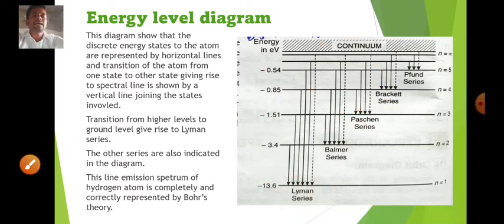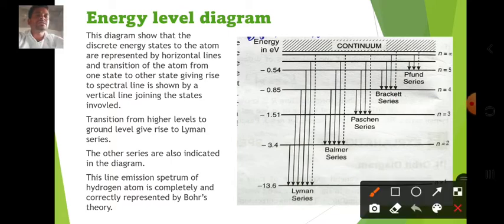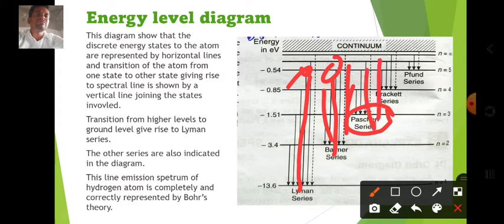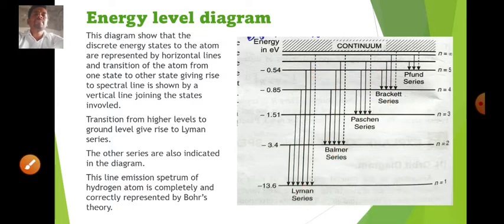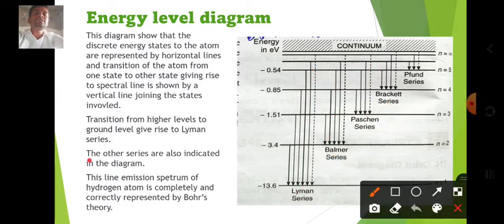In the same manner, other series are also observed. If instead of coming to the ground level, the electron ends at the second level from higher levels, they form the Balmer series. If they end at the next levels, they form the Paschen, Brackett and Pfund series, like this. The other series are also indicated in the diagram.